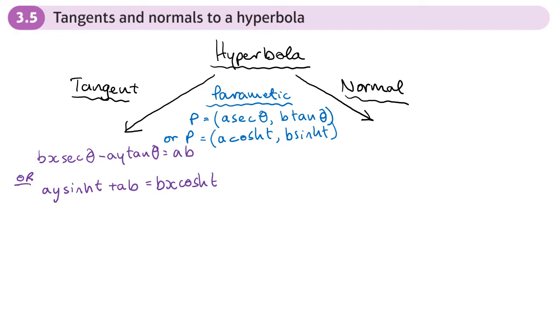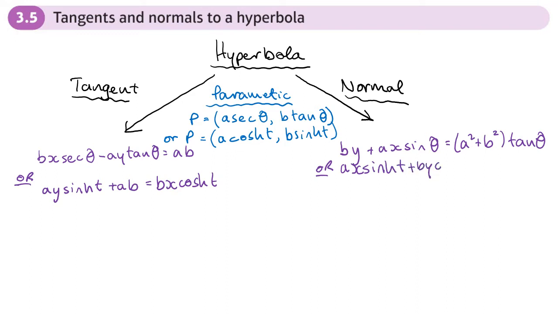So for a normal, we'd have by plus ax sin theta equals a squared plus b squared tan theta, or if we're using sinh and cosh, it would be ax sinh t plus by cosh t equals a squared plus b squared, and then I need to squash in here sinh t cosh t.